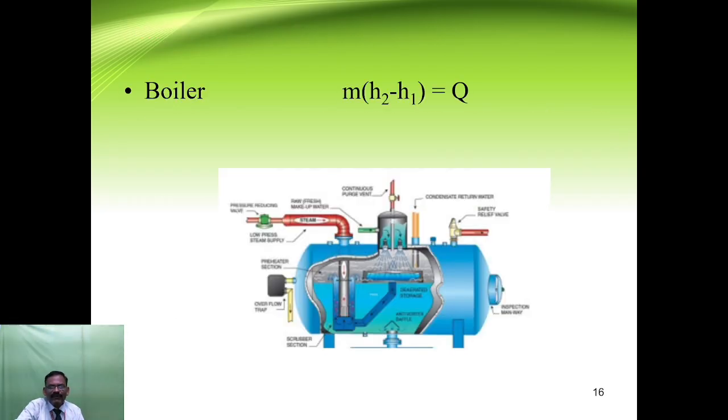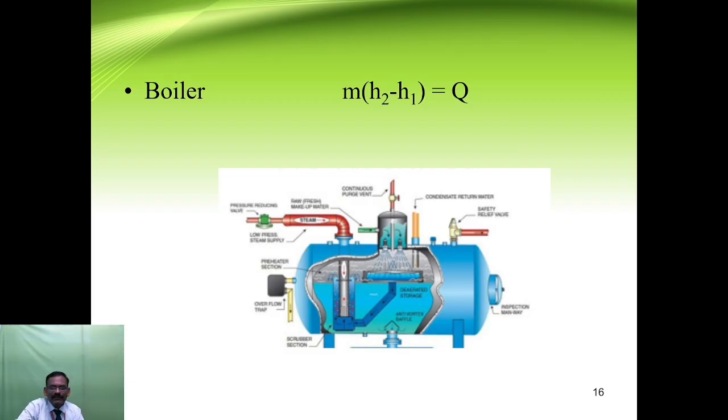The steady flow devices are boiler, turbine, compressor and some other devices. In the previous slide we saw the steady flow equation. Based upon it, we can derive the conditions for finding unknown parameters in a steady flow device.